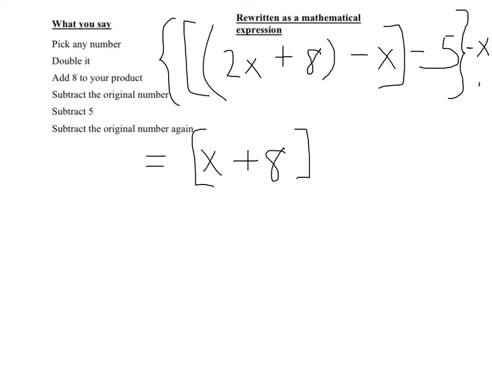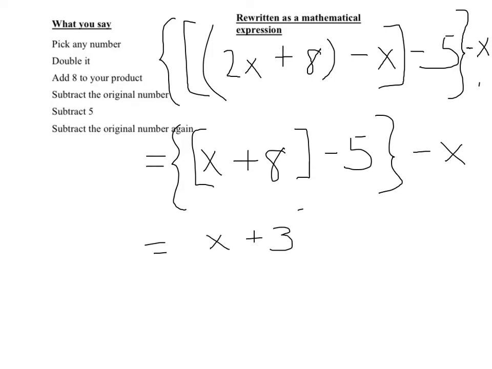And I've still got all these beautiful braces around it. Yes, minus 5 minus x. And then I'm going to have x plus 8. That's simplified. And the 8 minus 5 will give me x plus 3. And then minus x. And then x minus x will give me 0, plus 3 gives me 3. So all that will simplify to be 3.